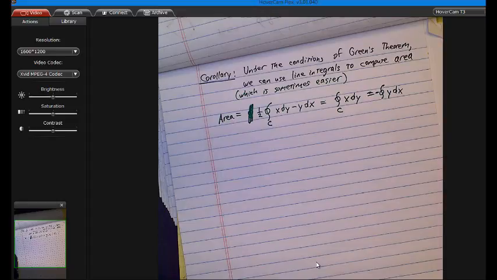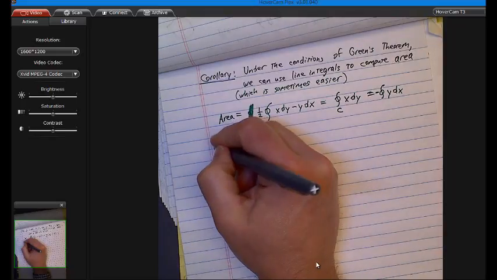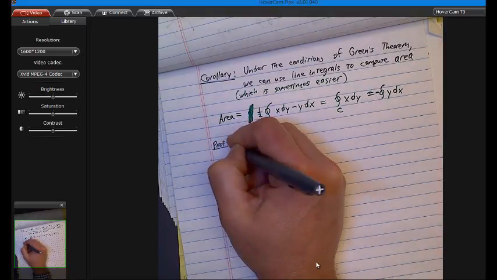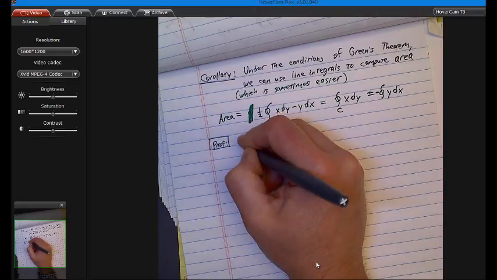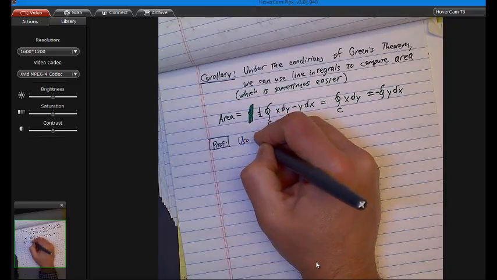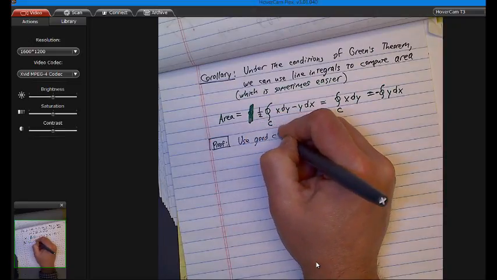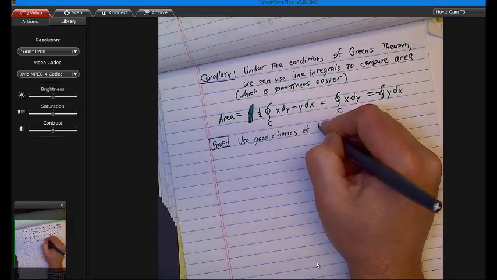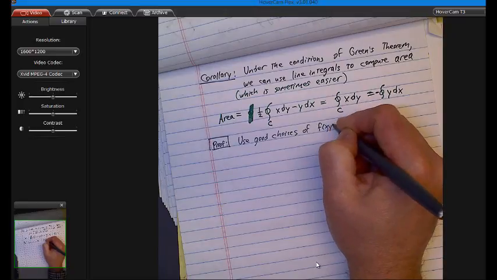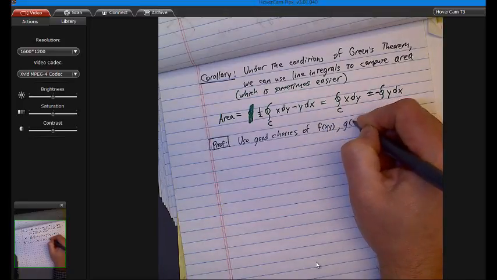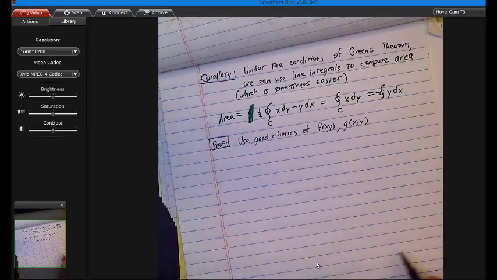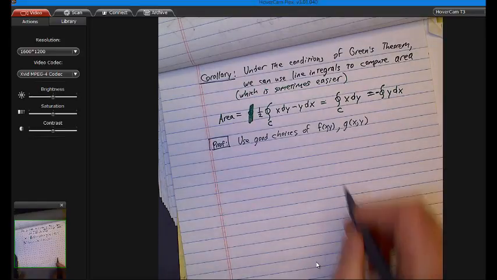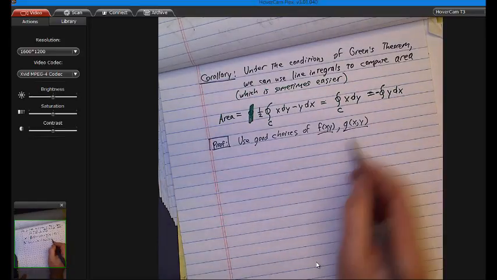Okay, I should prove that, although we didn't prove Green's theorem yet. But this we can prove from Green's theorem pretty quickly. What we're doing here, guys, is using Green's theorem with good choices of f of xy and g of xy.